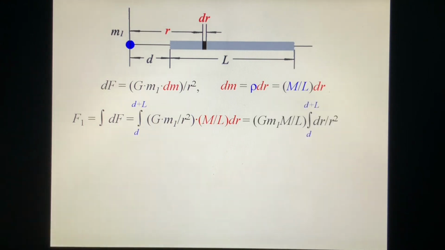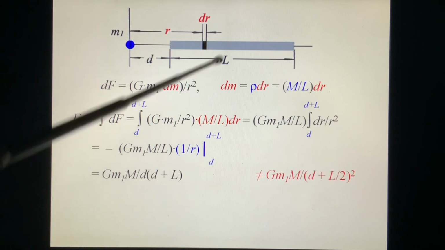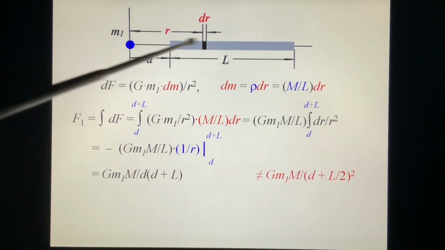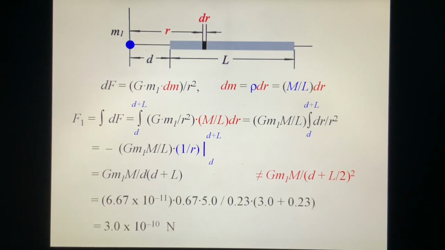It's very easy, we can get the result. In this case, you cannot use the center of gravity to do the calculation. You have to do the integration. We put all the numbers inside, and we get a number, very small, 10 to the minus 10 Newton.